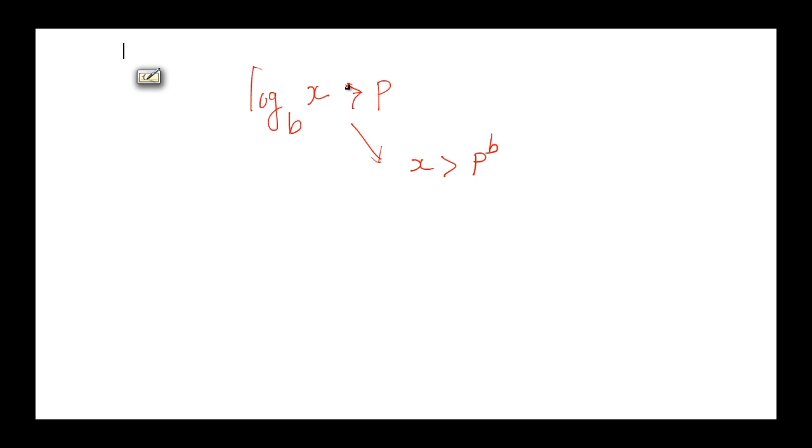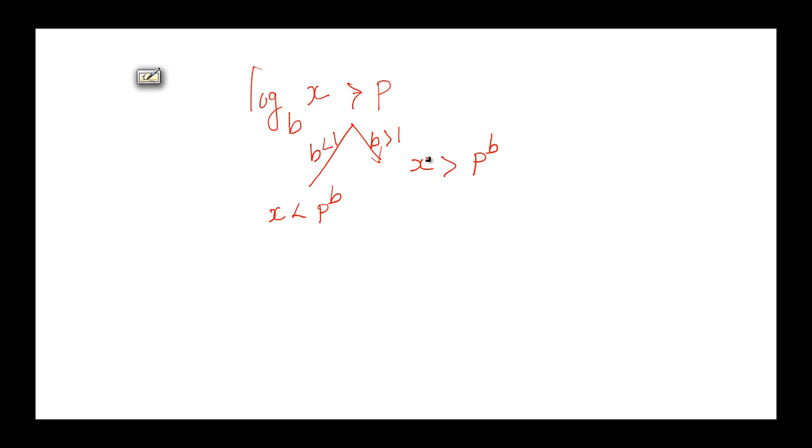Now here the inequality greater than remains unchanged when b is greater than 1. This happens only when the base is greater than 1. Now when the base is less than 1, what we get is x is less than b raised to p. So this is our conclusion. Using this statement, inequalities involving logarithms can immediately be converted.